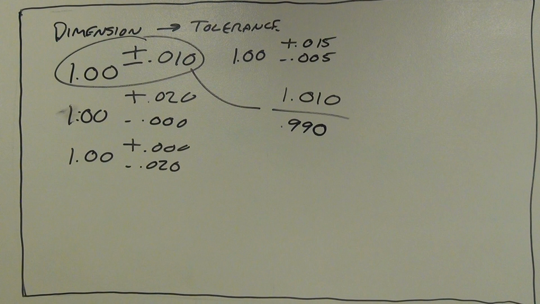Now, sensibly, you probably aren't going to shoot for 1 inch 10 thousandths or 990 thousandths. You're going to give yourself a little running room, so you're going to head into that range. Pick a number and say, I'm going to set my machine to that, and hopefully the dimensions won't drift more than a couple thousandths in either direction, and I'm good to go.